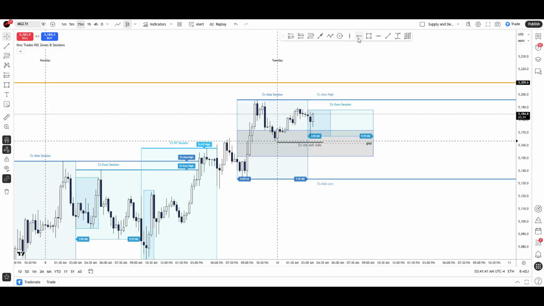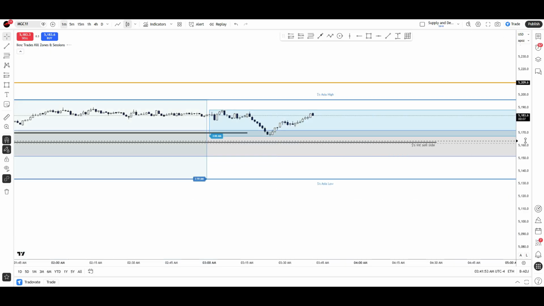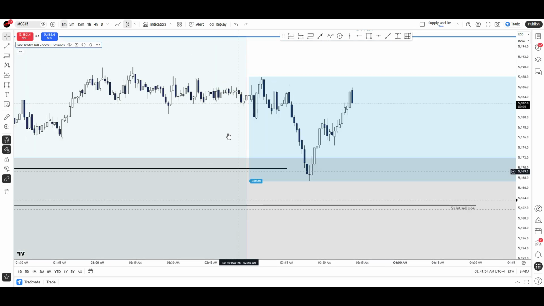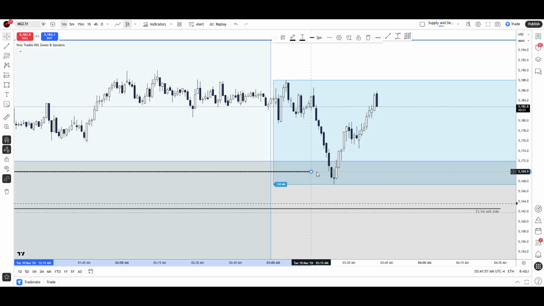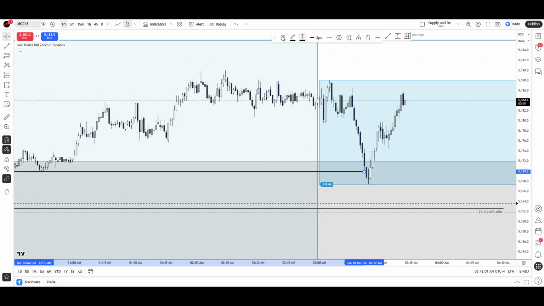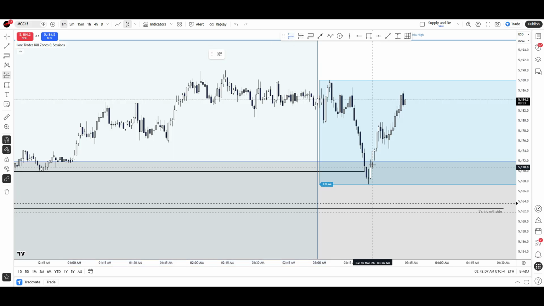So let's see what this looks like on the 1 minute, because that's where I would have taken an entry. So this would have been the 1 minute chart. That would have been, let's say we got in somewhere up here.